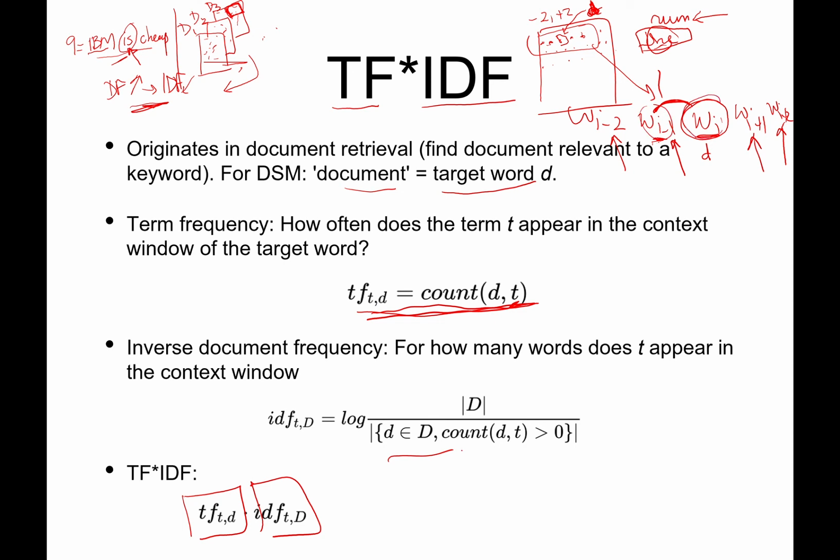And then I'm going to say, let's count all of the other target words D that it co-occurs with, which is what this expression here means. And then I'm going to normalize. I'm just going to count all the target words D. All right, I hope you see this. So words like run are going to have a higher TF-IDF than words like the. And so when I add them to the matrix, the column that belongs to the word the is going to have small numbers because it doesn't help me distinguish, and so I'm penalizing it.